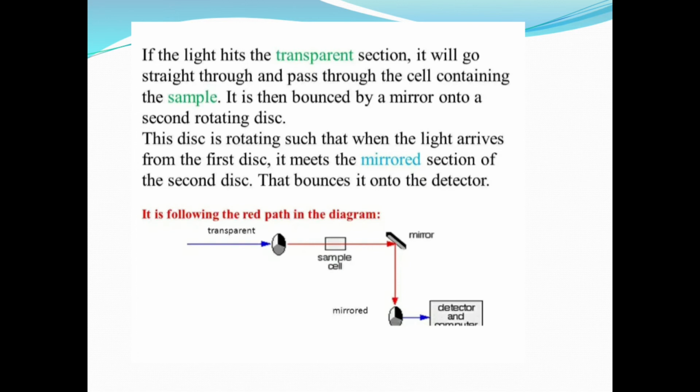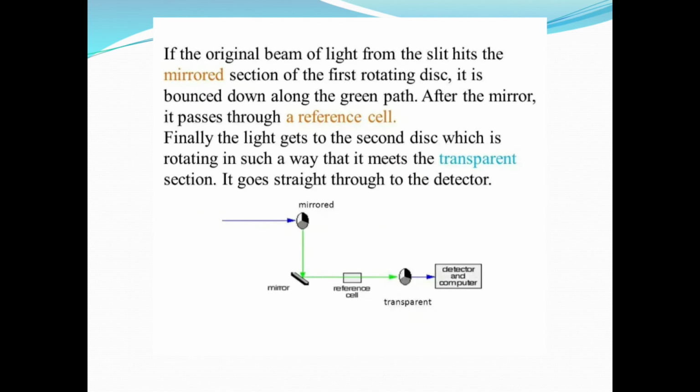In the diagram, you observe the transparent light hitting the first rotating disc, passing through the sample cell, and the mirror reflecting it onto the mirrored region. This mirrored region gives it to the detector. The sample cell contains a solution, which is detected by the mirrored region of the second rotating disc.